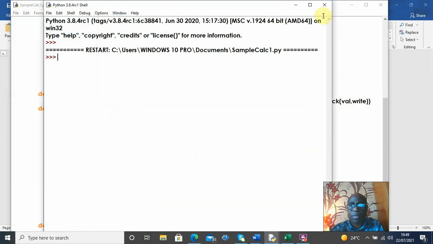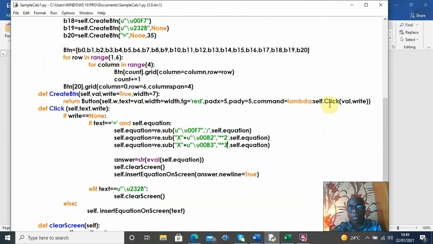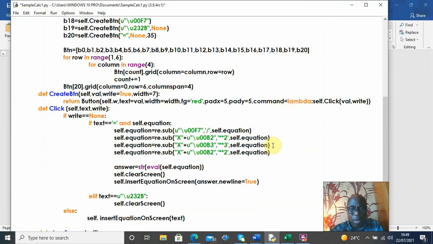That's correct. The next one I'm going to do right now is the square root. So I will go down there, and remember, for square root there will be no need for x squared. All we need to change now is the Unicode. And the Unicode for that is U+221A.